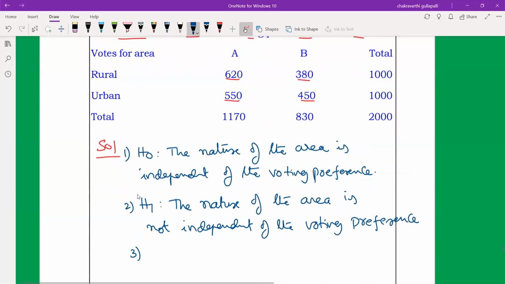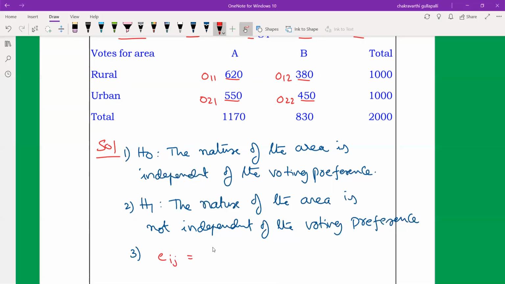First of all, calculate here O11, this is O12, this is O21, this is O22. First calculate the expected frequencies using the formula Eij.